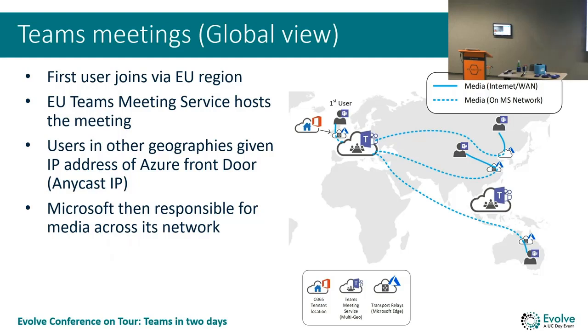And the difference between these dotted and solid lines is the public internet, and the dashed lines is over the Microsoft backhaul. So this is your ideal scenario where, well, maybe not because we've got more users over on the Asia Pac side, but we've got our users in Asia Pac, they break out through their internet, talk to their local Azure Front Door, then get routed across the Microsoft backbone to that Teams meeting service, and that's the one that's hosting it for these users.